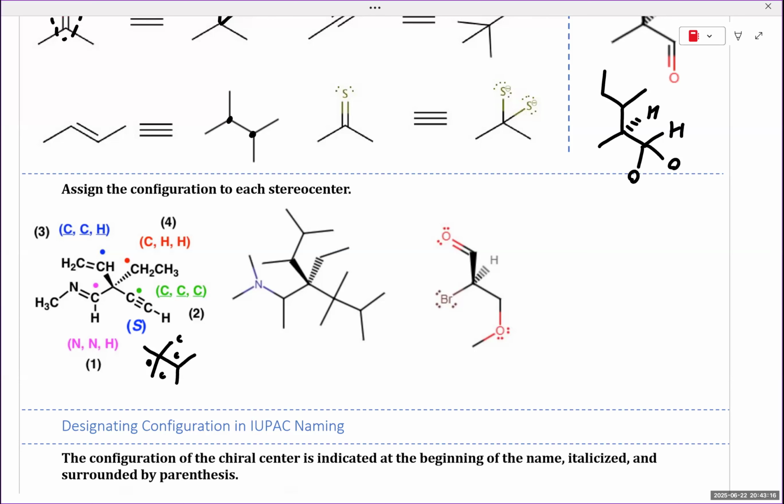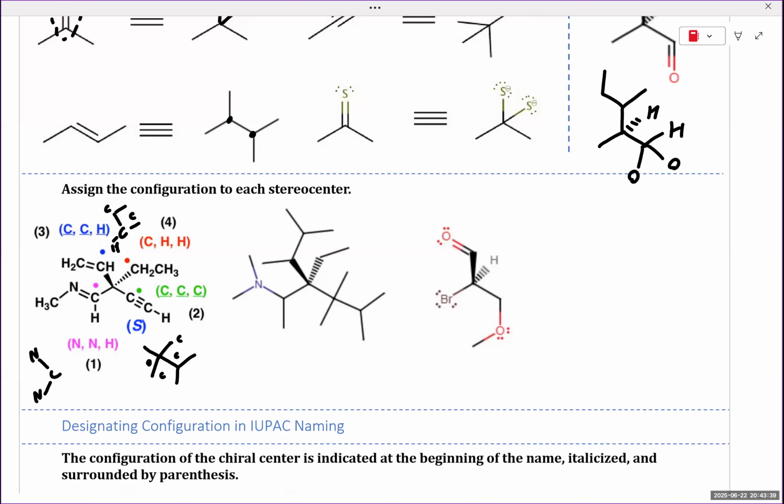Looking at this carbon-nitrogen double bond, it's treated as if the carbon was bonded to two nitrogen atoms. This carbon-carbon double bond would be treated as if each carbon was bonded to one additional carbon atom. So it's attached to 1, 2 carbon atoms and a hydrogen.